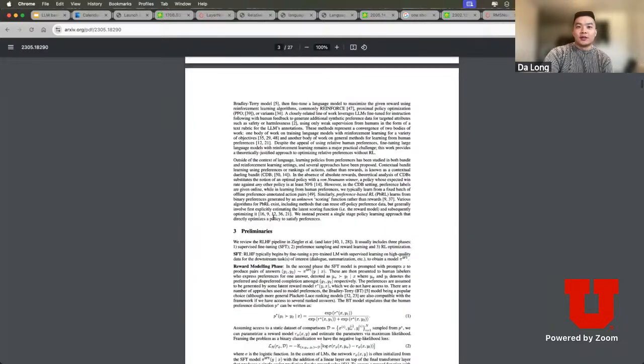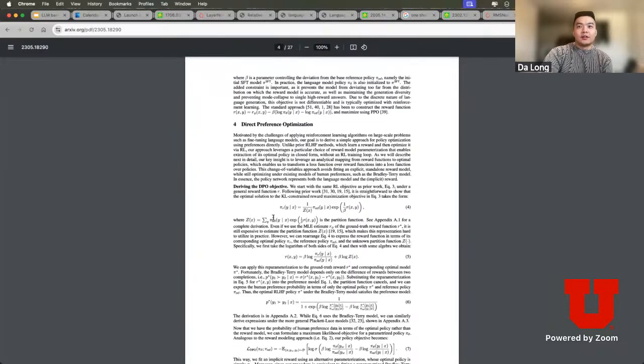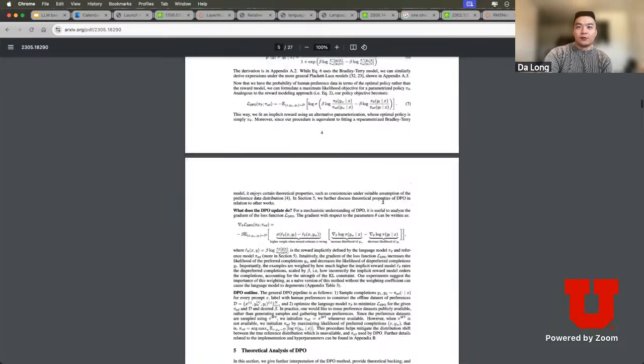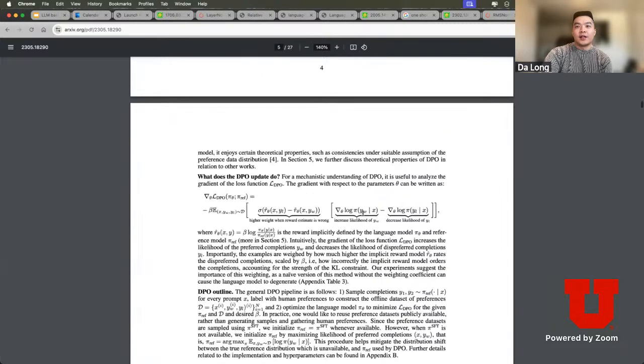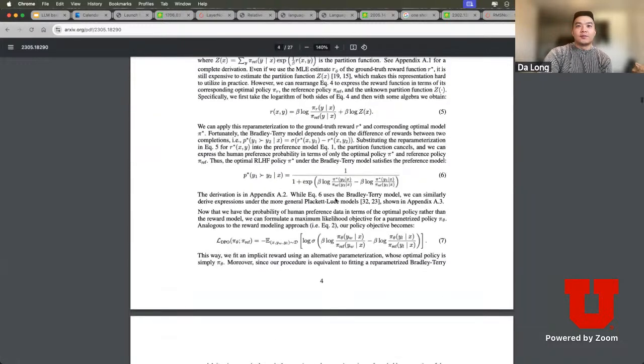They claim that if you optimize their proposed objective, it is actually equivalent to the PPO update. They prove that in this paper, but I didn't go into details, so I can just show you the loss function. So this is the final loss function.